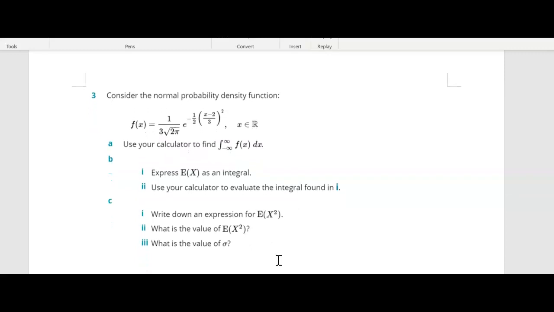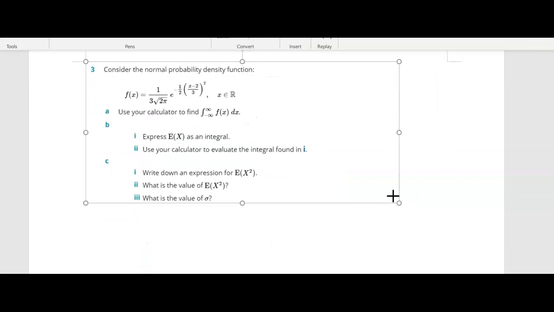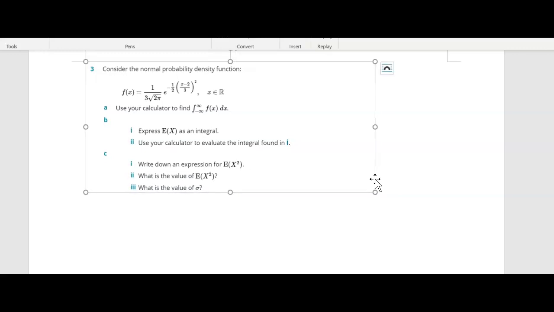All right, so let's have a look at some questions. I might just make this a little bit smaller. For question 3, consider the normal probability density function. What we've got here is just the rule for a normal distribution, but you can see that this value here is your mean.